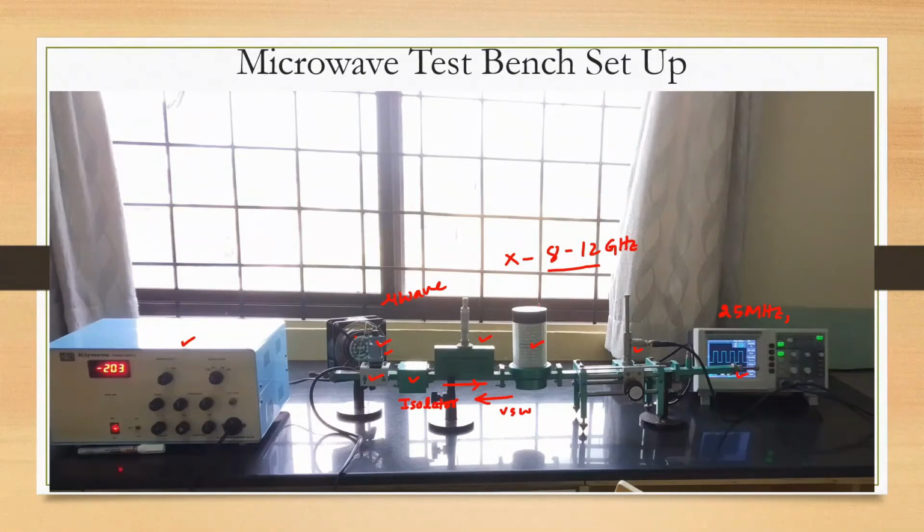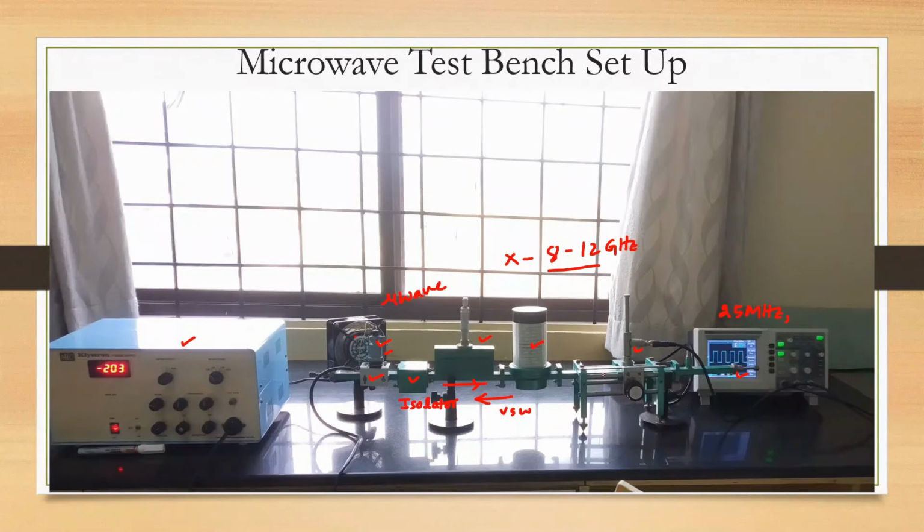Frequency measurement using a frequency meter is one such method, where resonance occurs for the exact frequency generated. Resonance occurs at that frequency when you rotate this meter. We'll see in the demo how it shows the particular value.